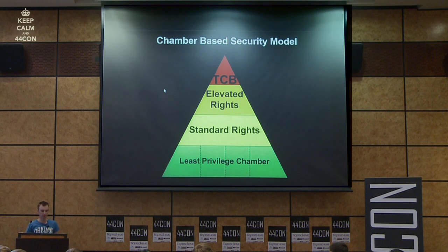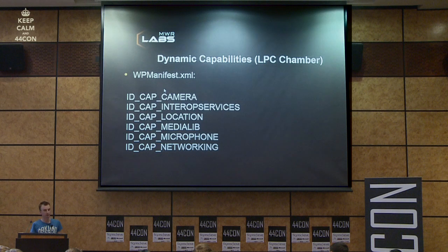They're all defined by the security policy in the operating system, which I'm going to cover later on. But the fourth one, the least privilege chamber, is controlled by capabilities in your application. So when you're developing an application, you specify what capabilities the application requires.